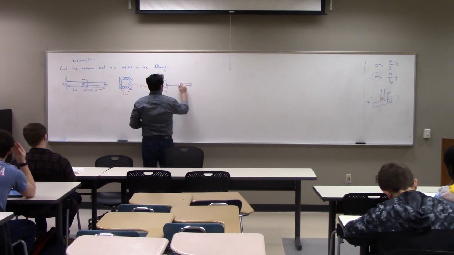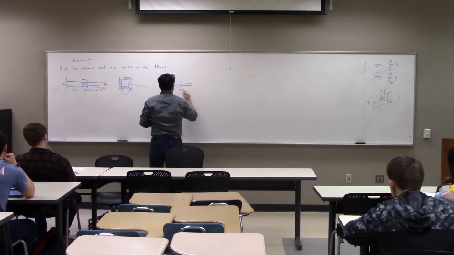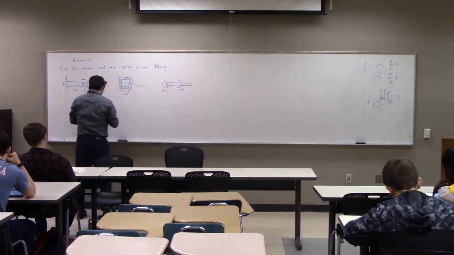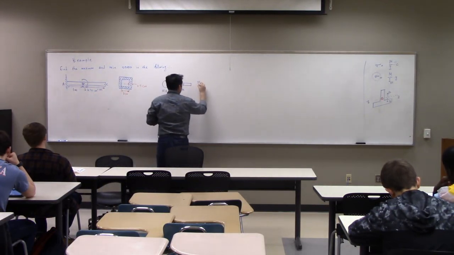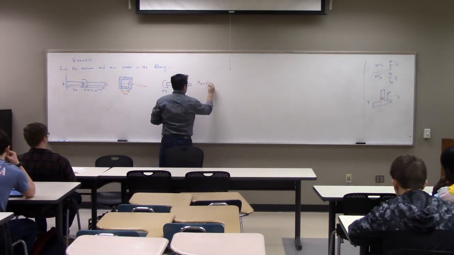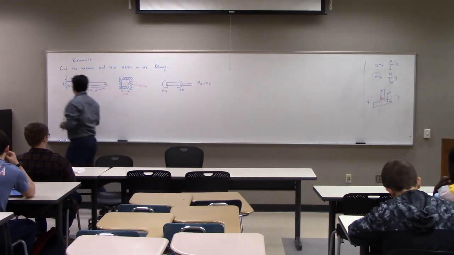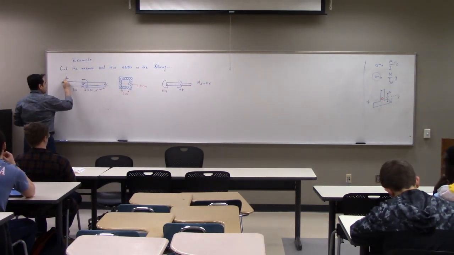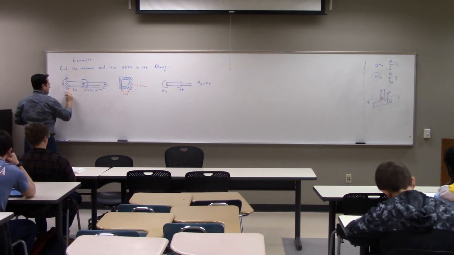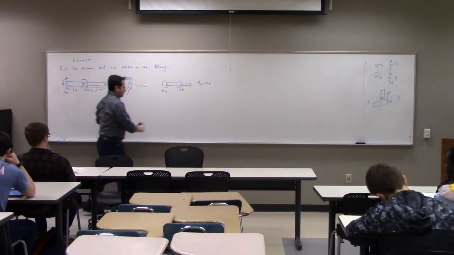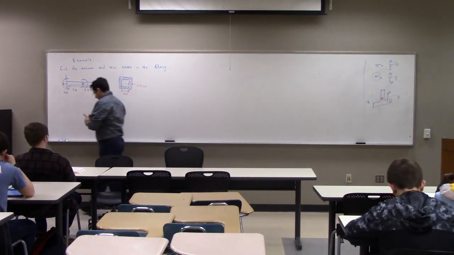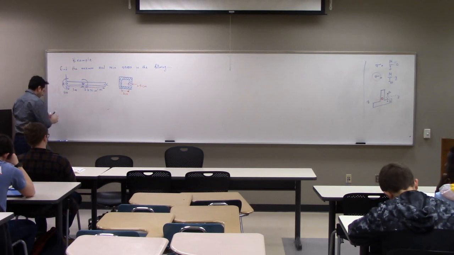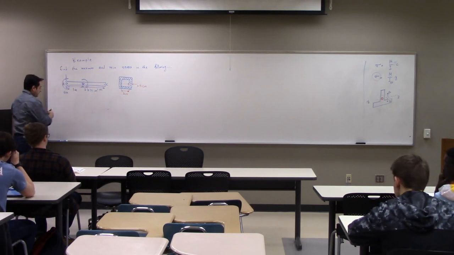So you get MA and B, you already have 2K, and nothing at C. Therefore, by just writing one moment equation, I get MA is equal to 2K. That means that here there is a 2K on the system. From the diagram, it looks like something like this.